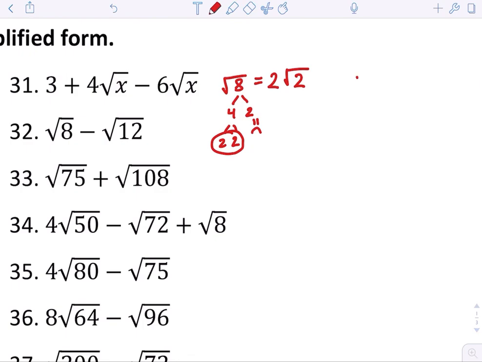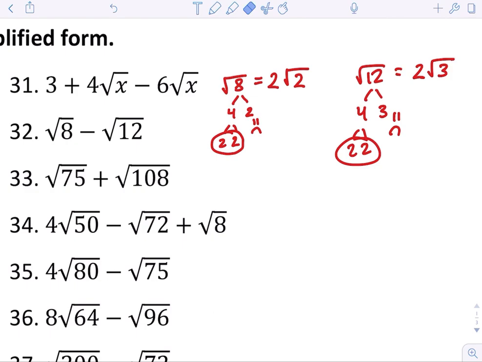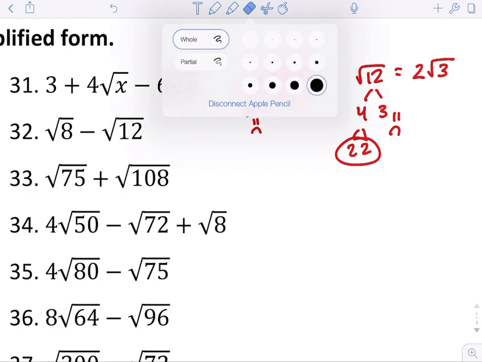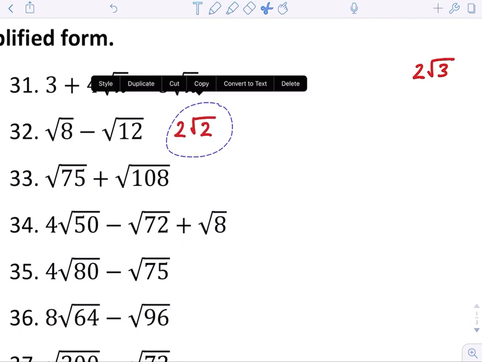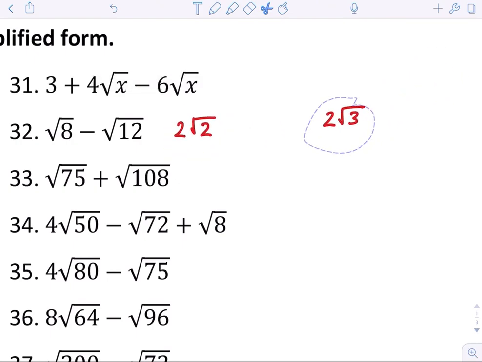Now we gotta do radical 12, right? 4 and 3, 2 and 2. Since it's a square root, gotta find pairs, so we have that. So that's gonna be 2 radical 3. Radical 3 is left over, right? So that looks to be our final answer.